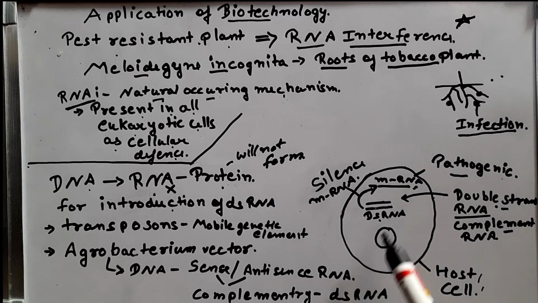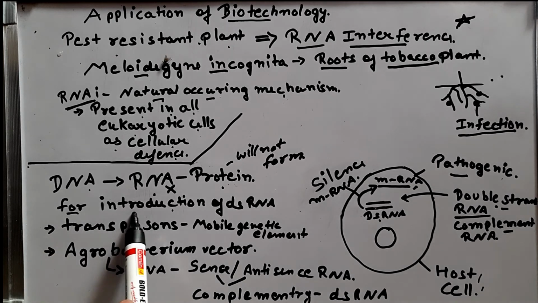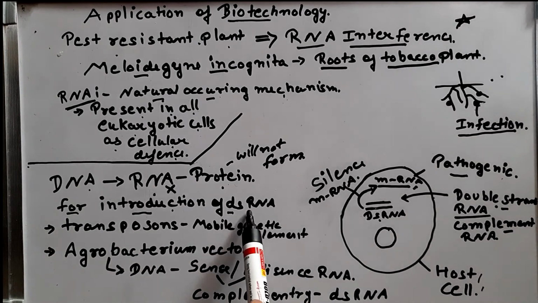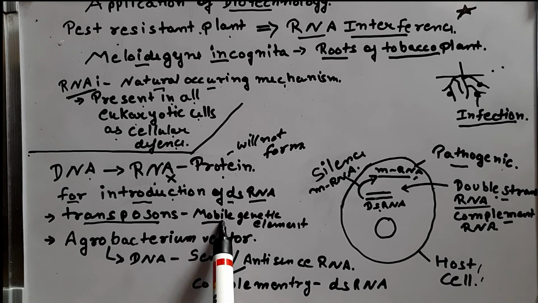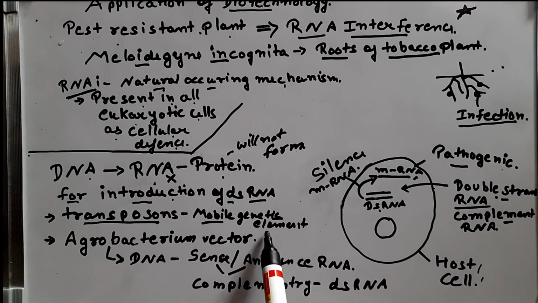Now how is this double-stranded RNA introduced into the host cell? Because in eukaryotic cells double-stranded RNA is not present, it has to be introduced. Here biotechnology works, where we introduce the double-stranded RNA into the host cell with the help of transposons, which are mobile genetic elements that introduce foreign genetic material into the host.